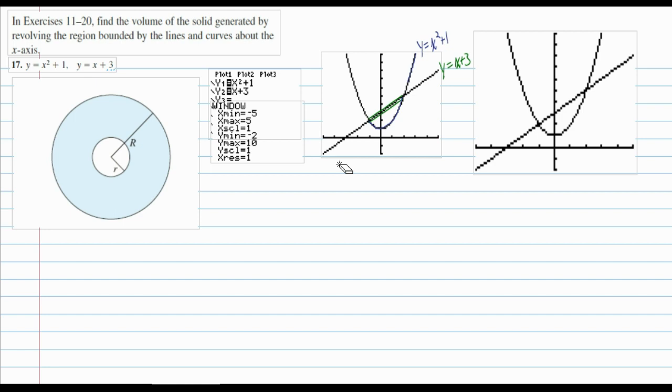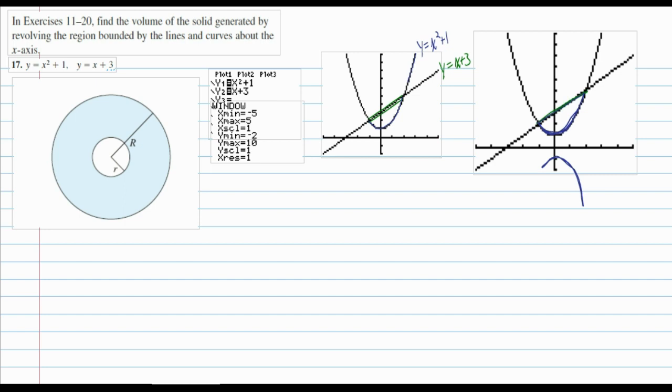A strategy that I have for drawing these pictures is that once they're revolved around the x-axis, their profile is going to look the same above the x-axis and below the x-axis. It'll actually look like a reflection over the x-axis. So I take one part of the curve, let's say the x squared plus 1 part, and I draw that on the opposite side of the x-axis.